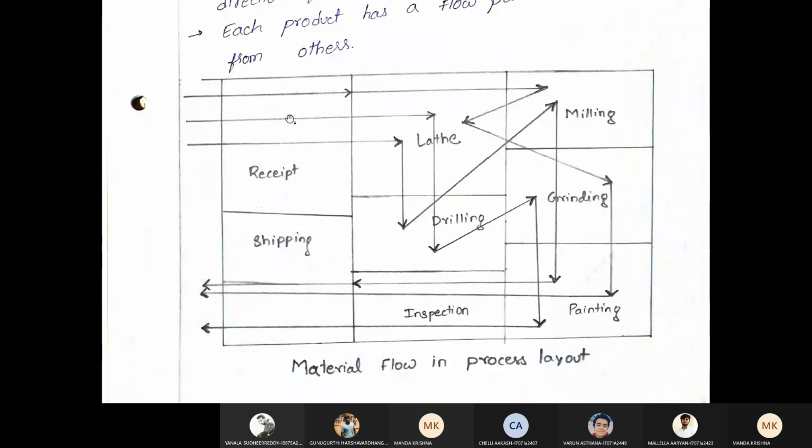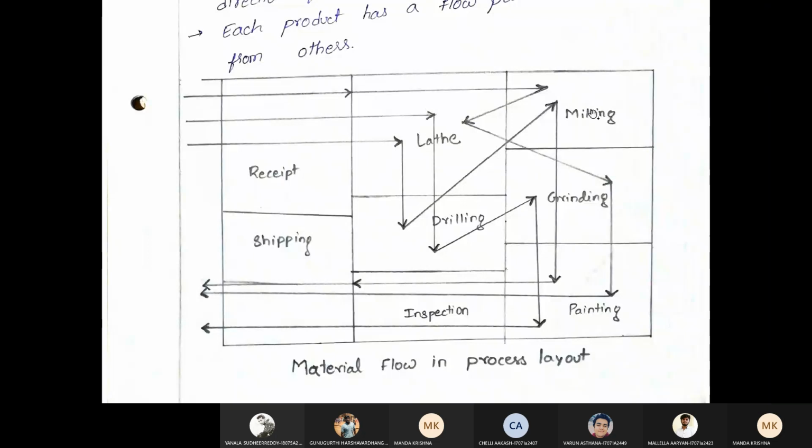This is for one product, this is for second, and this is for third. This first one is moving from reception to the lathe and then milling. First it is milling and then lathe, grinding, painting, and then going out. Second one is first it is going to the lathe, next drilling, next grinding, next painting, and then going out.